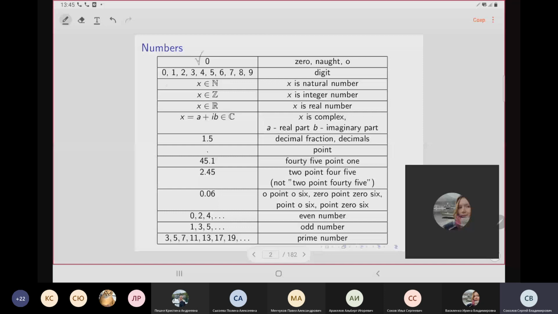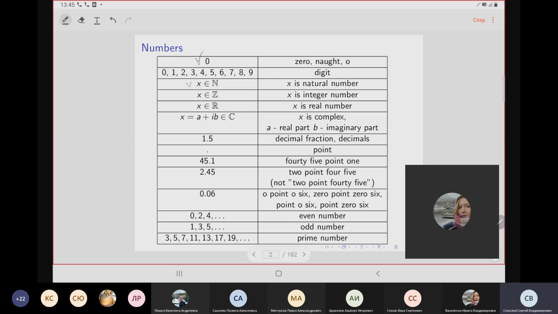Then a set of natural numbers is denoted by x belongs to N. The set of integer numbers is denoted by Z. For sure, you know all of these objects, but we have to pronounce them correctly in English.